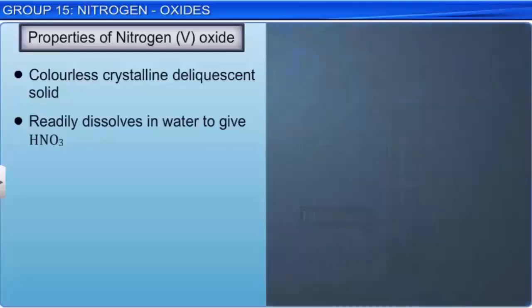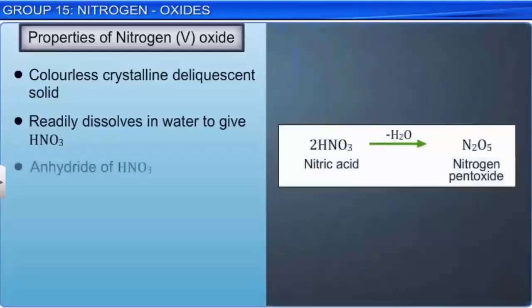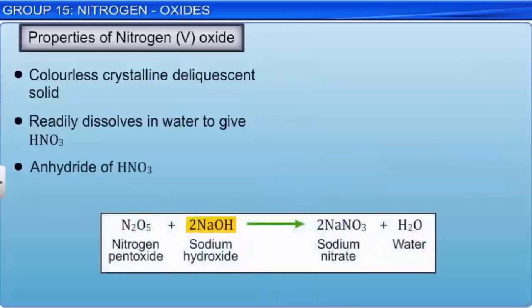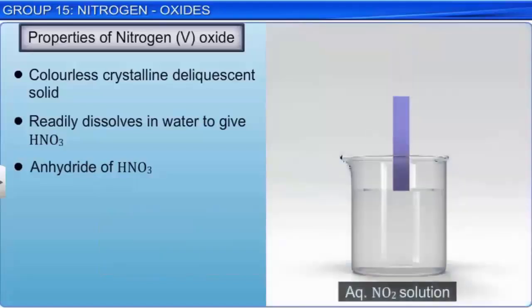Hence, it is an anhydride of nitric acid. It neutralizes alkalis to give nitrates, as shown here. Thus, the oxide is acidic in nature.